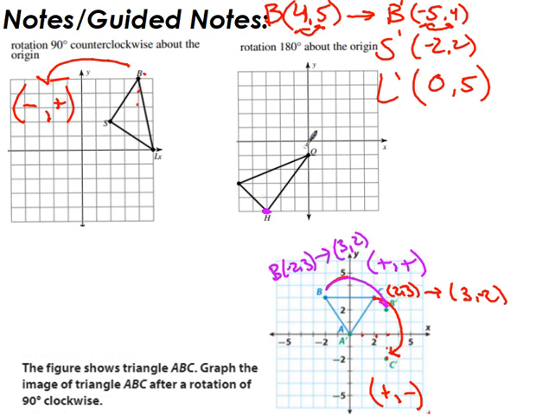So this point is at negative 3, negative 5. So that means if I go 180 degrees, it's now going to be at 3, 5. 1, 2, 3, 1, 2, 3, 4, 5. There's my new h.